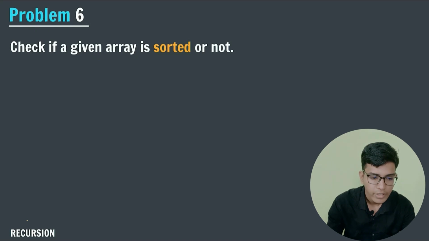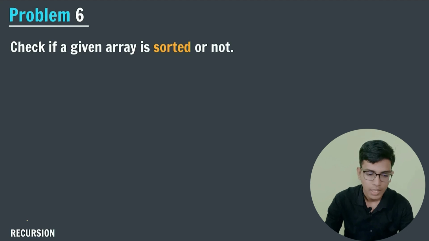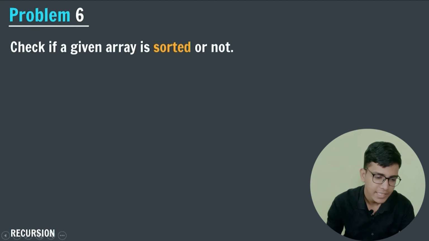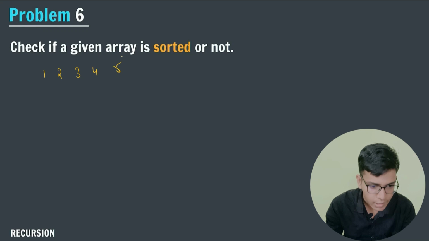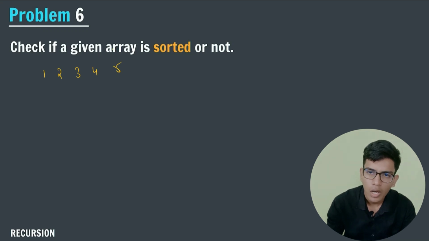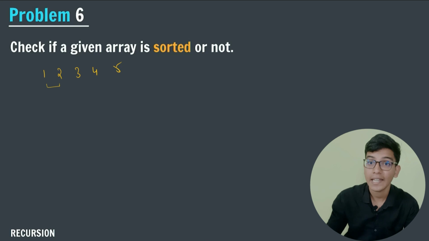Now in this question we need to find out whether the given array is sorted or not using recursion. Let us take an example of a sorted array, that is 1 2 3 4 5. Before we dive into recursion, let us consider our iteration approach.